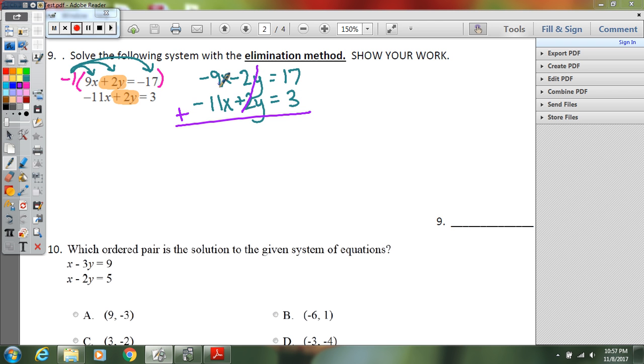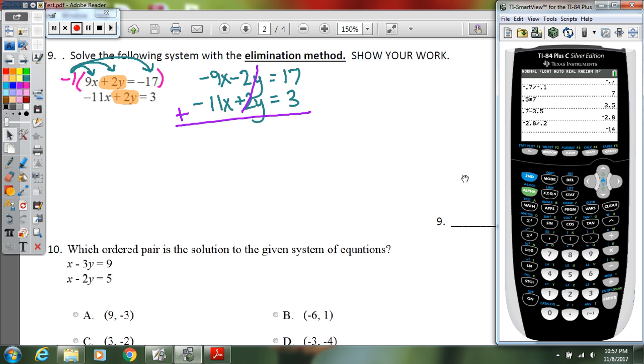Now, what is negative 9 plus negative 11? This is where I would suggest type it in because some of you are prone to make some really careless mistakes. If you have negative 9 plus negative 11, or guys, you could type it in as negative 9 minus 11, you're going to get a negative 20.